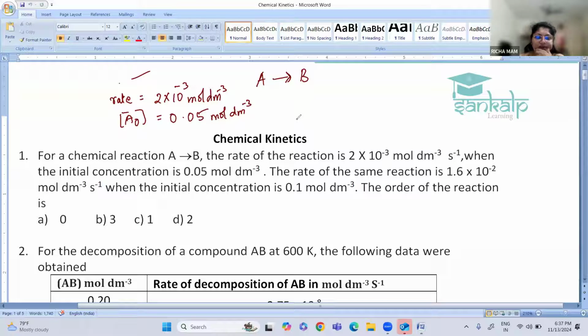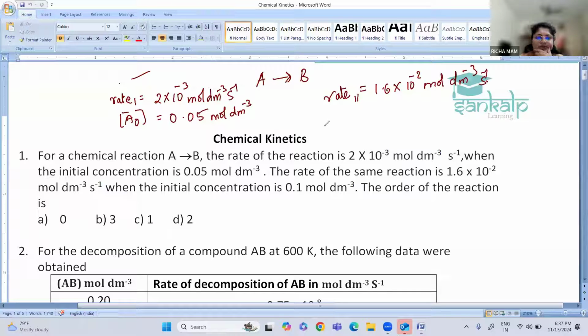So this is the first rate. The second rate of reaction is given as 1.6 into 10 raised to minus 2 mole per dm cube per second. Here it is also per second.